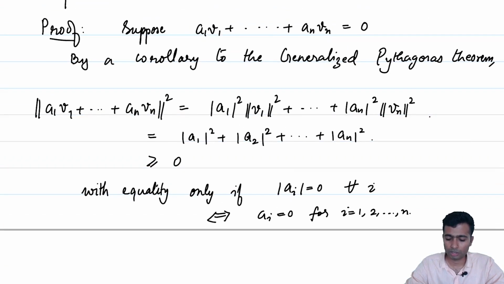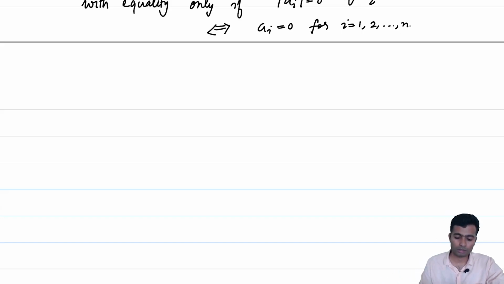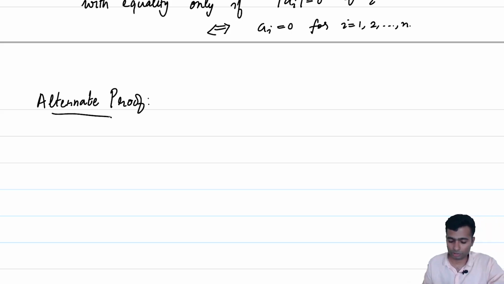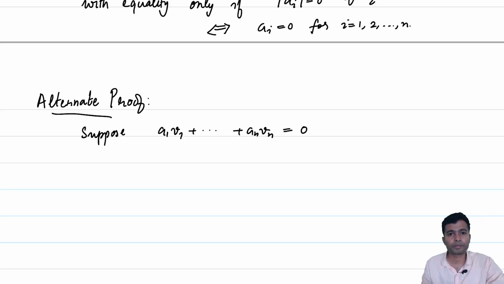So just to show you that the operation of inner products and the various consequences are powerful, let's look at an alternate proof. It's not elegant, it's just that we can see that there are multiple approaches. So suppose again a1 v1 plus up to an vn is equal to the 0 vector.